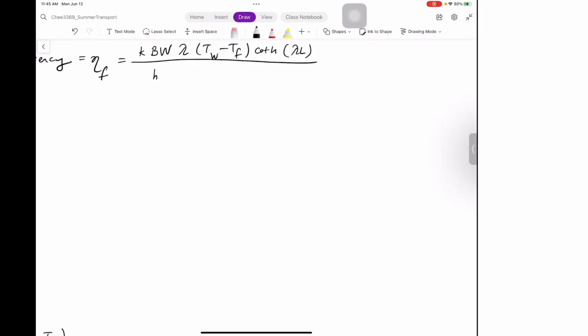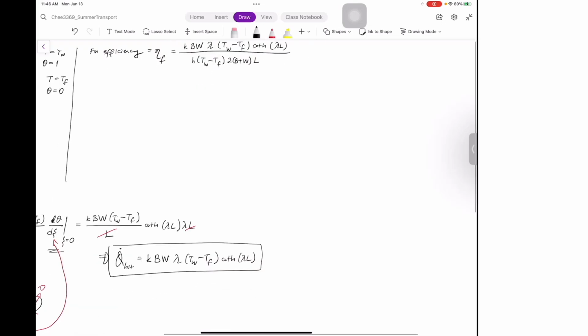So that's going to be h times T wall minus Tf times the total area, which is the perimeter, 2 times B plus W, times L, correct?